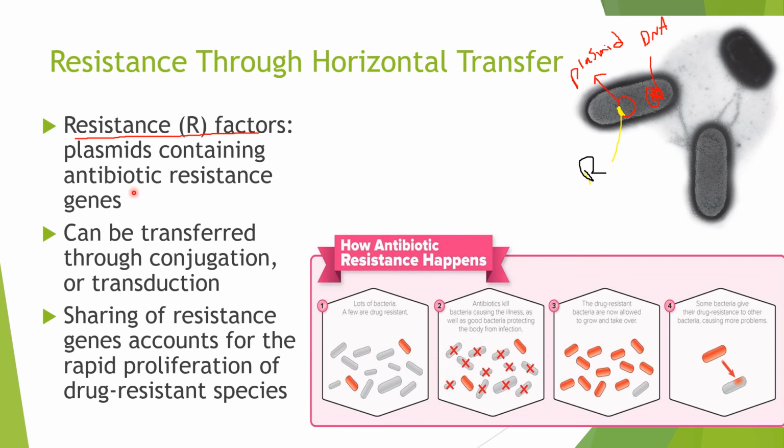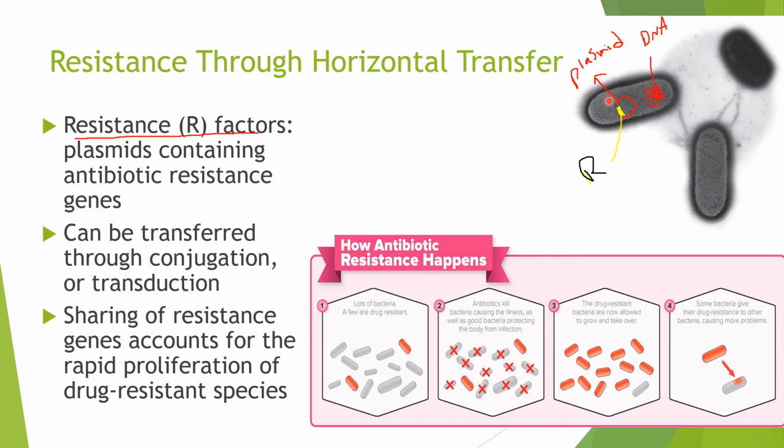Now, depending on what that antibiotic resistance gene is, could it be a gene that's resistant to only one antibiotic? Yes. Could it be a resistance gene that makes this bacteria resistant to multiple antibiotics? Yes. Okay, so let's say that this bacteria right here carries a resistance gene against penicillin.